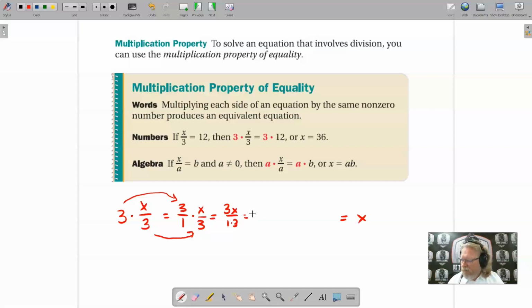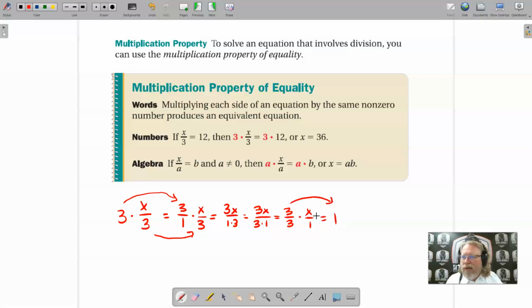I could rewrite this expression by flipping those around in the denominator, so I could have 3x over 3 times 1, commutative property of multiplication. Now I could actually pull those apart: 3 over 3 times x over 1. And then this 3 over 3 is going to become 1, because any number over itself is equal to 1.